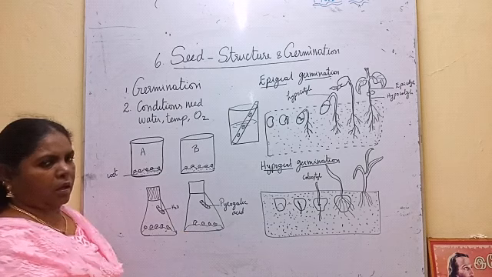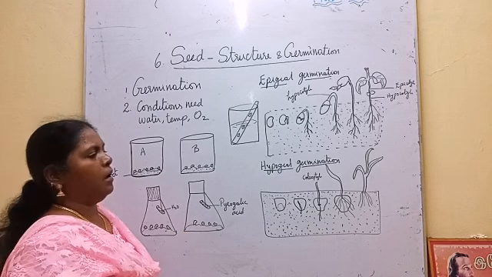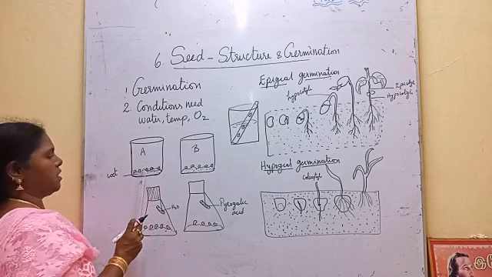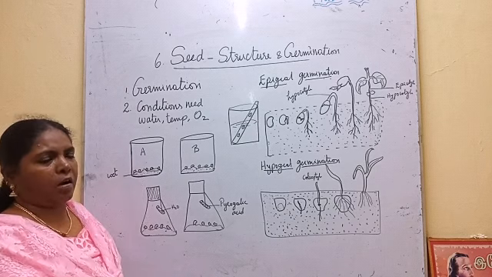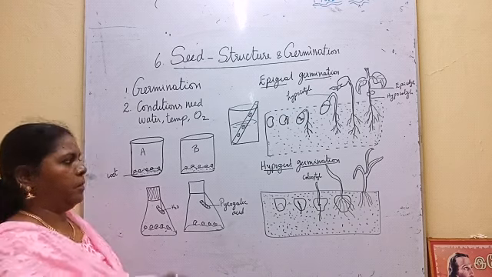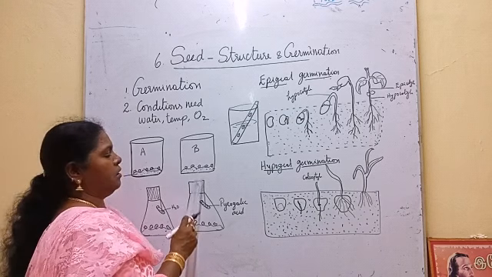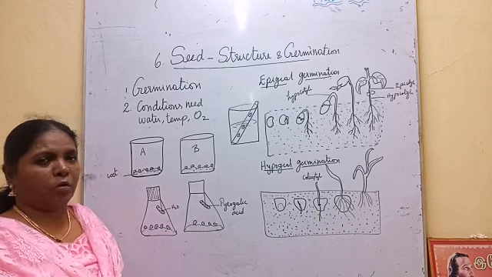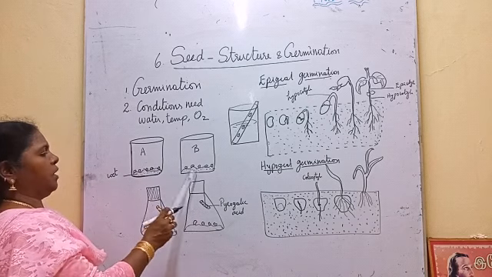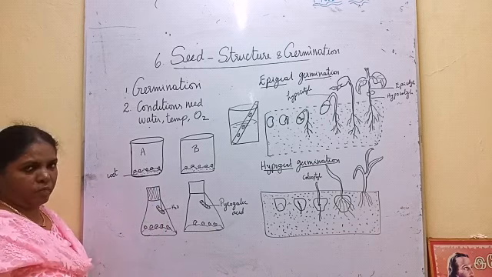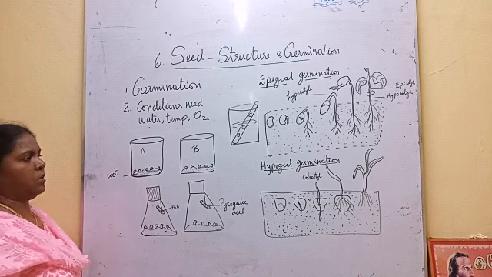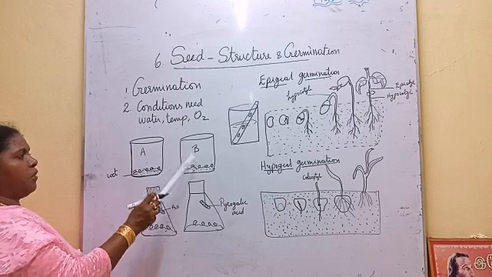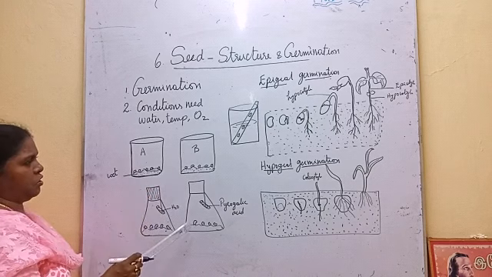In the beaker kept in the refrigerator, germination will not take place, or it will take a longer time to germinate, whereas at room temperature the seeds will germinate. Here both beakers must have wet cotton. This shows that only if they have a favorable temperature will they germinate.